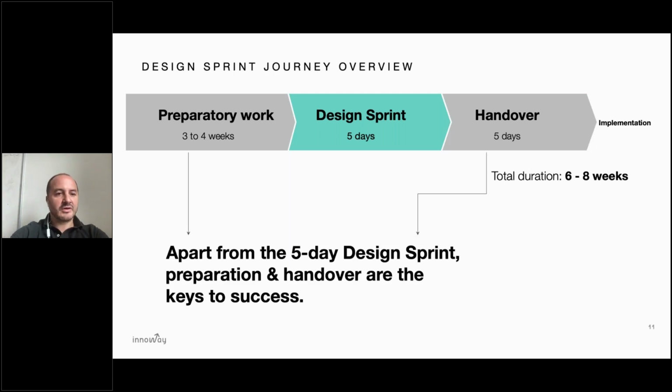The preparatory work is usually 3 to 4 weeks, depending on how fast we can work with the client in terms of gathering certain information, talking to stakeholders and things like that. And there's another 5 days on average after, which is the handover, where we make sure that whatever we have designed and validated during the design sprint can be implemented in the next weeks.